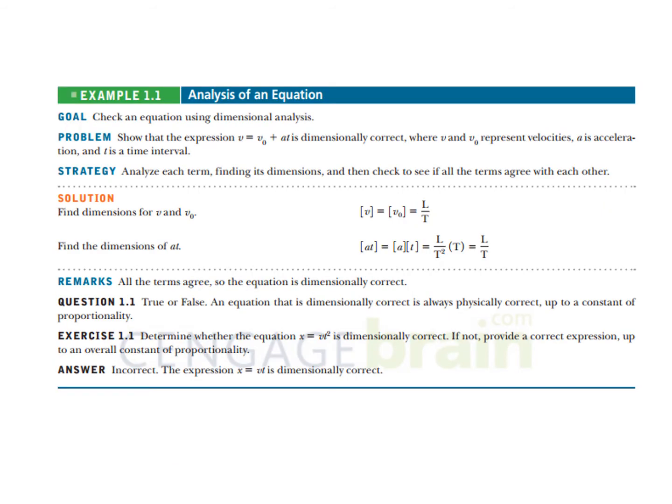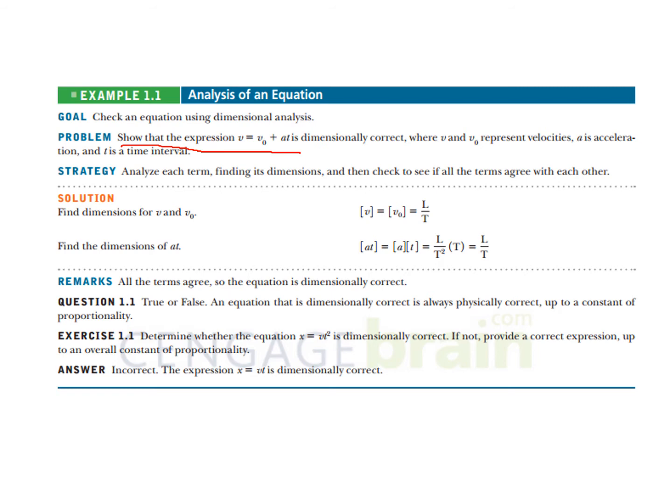So I said to you that the function of dimensional analysis is to check whether the equation is correct or not. And number two, we want to get the SI unit for any parameter or any terms inside the equations. For example, in this question, show that the expression v equals v naught plus at is dimensionally correct, where v and v naught represent velocities, a is acceleration, and t is a time interval.